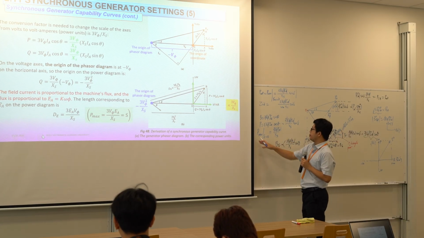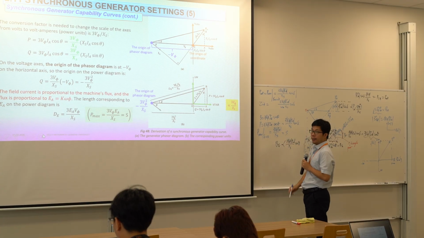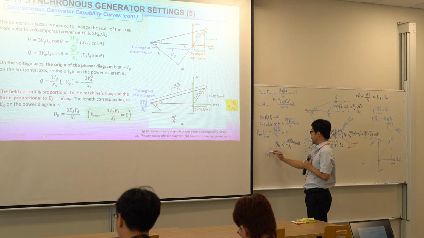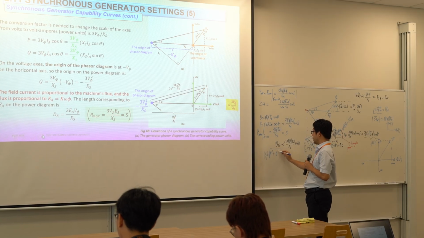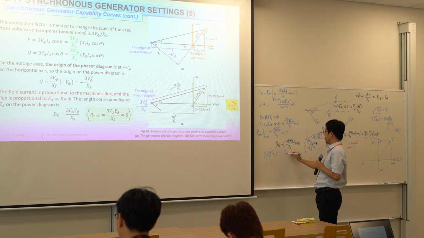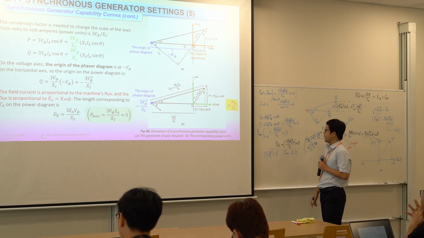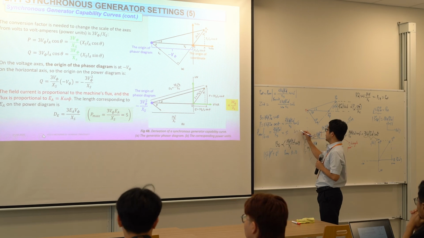And the maximum power is S, because S is P squared plus Q squared. So you get P max if Q is 0, because delta is 90 degrees.